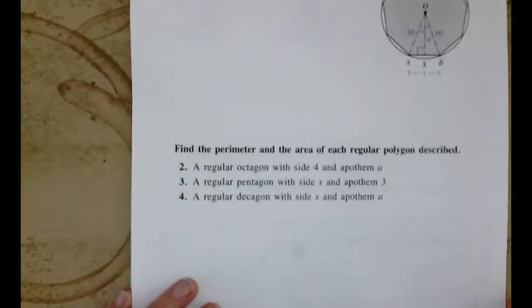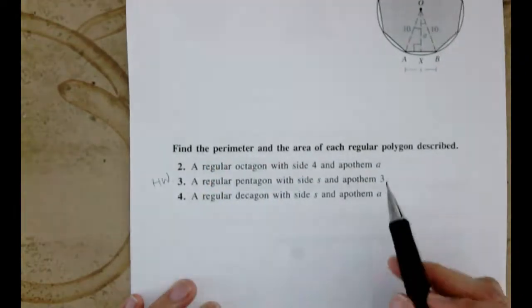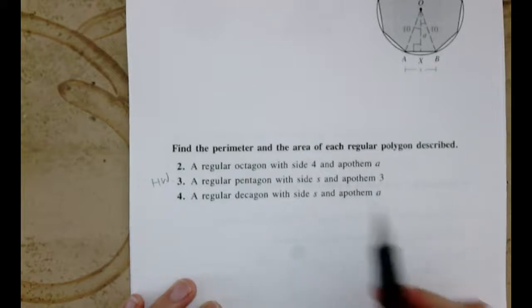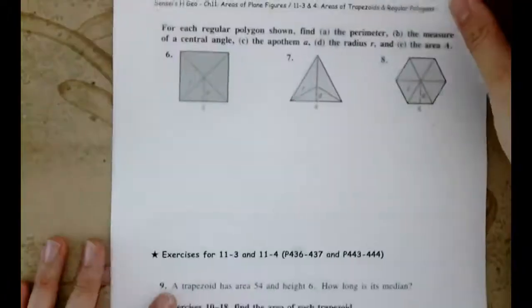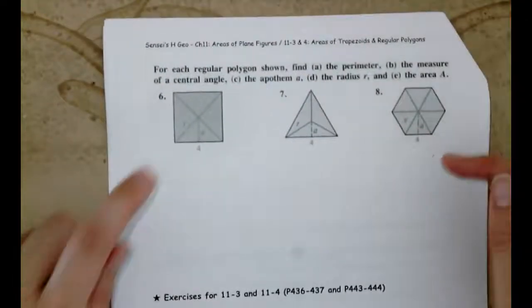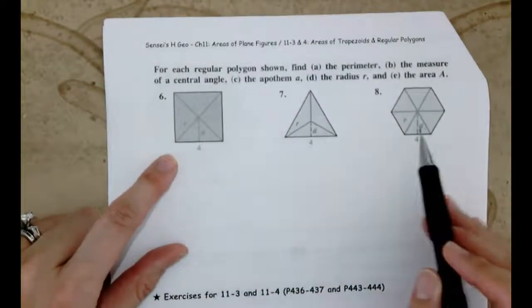Exercise starts here. Okay, so I want you to try all of this. Okay, you have to use A's and S's. So this is good practice for those of you who don't like the alphabet. Okay, and these are like the bread and butter of this section: the square, equilateral triangle, and hexagon.